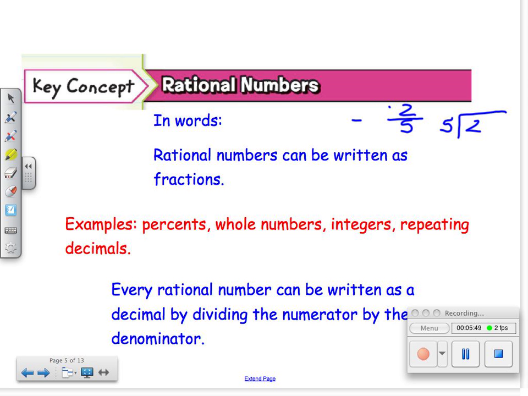And if I do that long division, I find out that as a decimal, it's written as 0.4. So all you have to do is divide the numerator by the denominator.